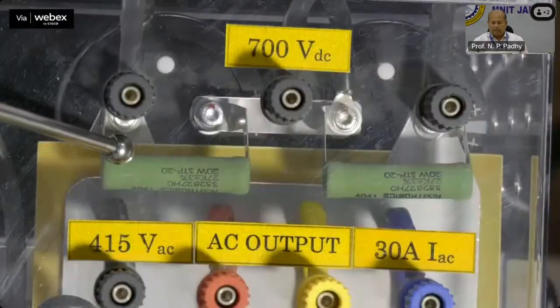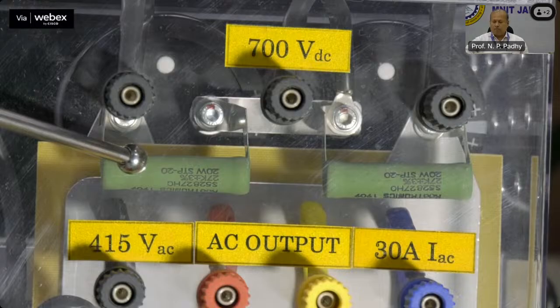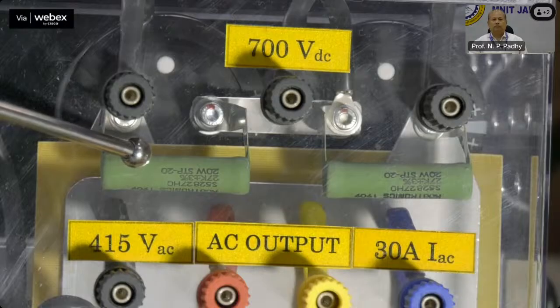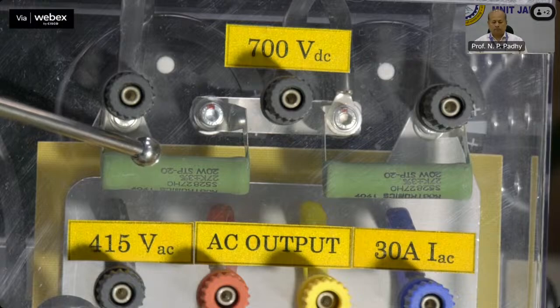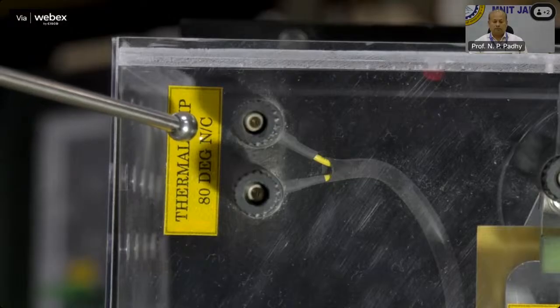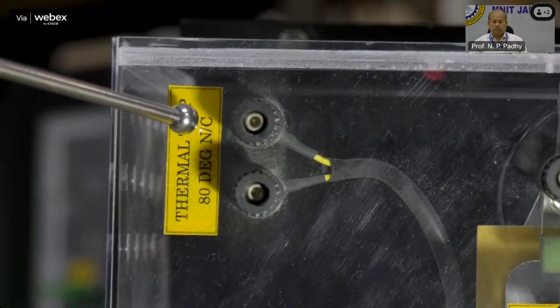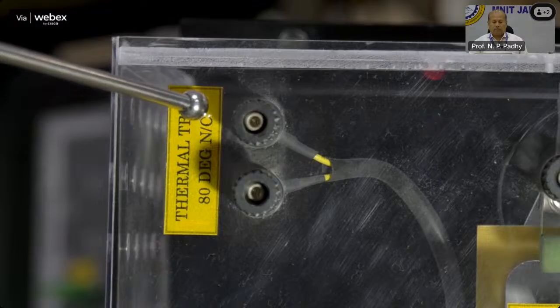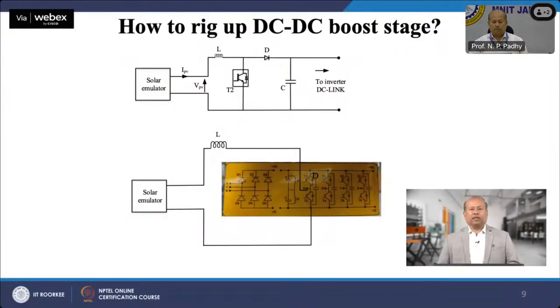Across each capacitor, bleeder resistors are connected to discharge the stored energy in the capacitors when the inverter is not in operation. Apart from this, the IGBT module also has an inbuilt thermal trip protection feature in case the device exceeds the threshold temperature. There are 4 legs in the inverter.